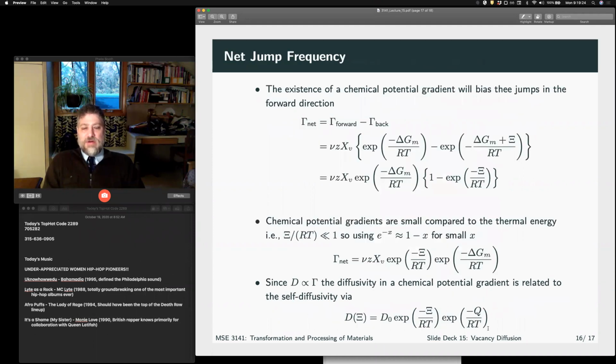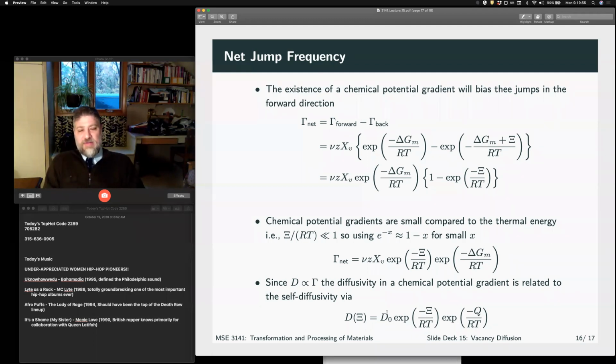And so the other point is that the diffusivity in the presence of a chemical potential gradient is basically the same as our diffusivity without the chemical potential gradient, multiplied by an exponential term for the gradient, right? So what this basically says is that Fick's law and Fick's second law work just fine.